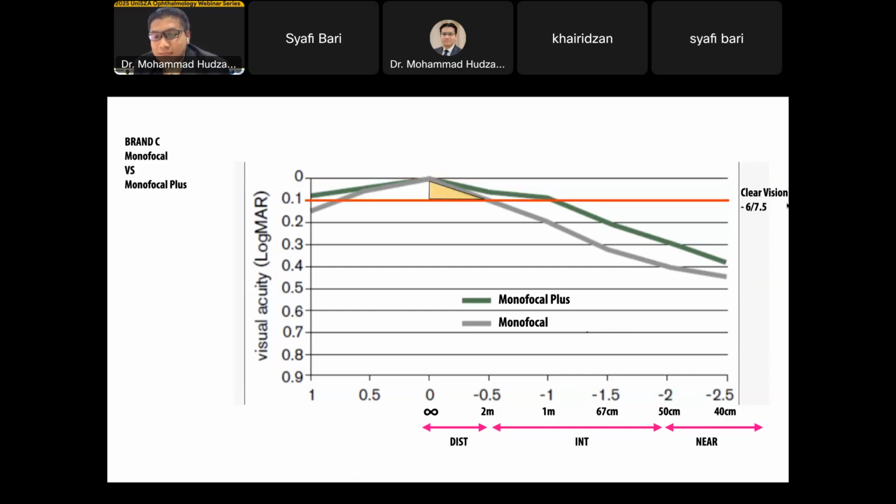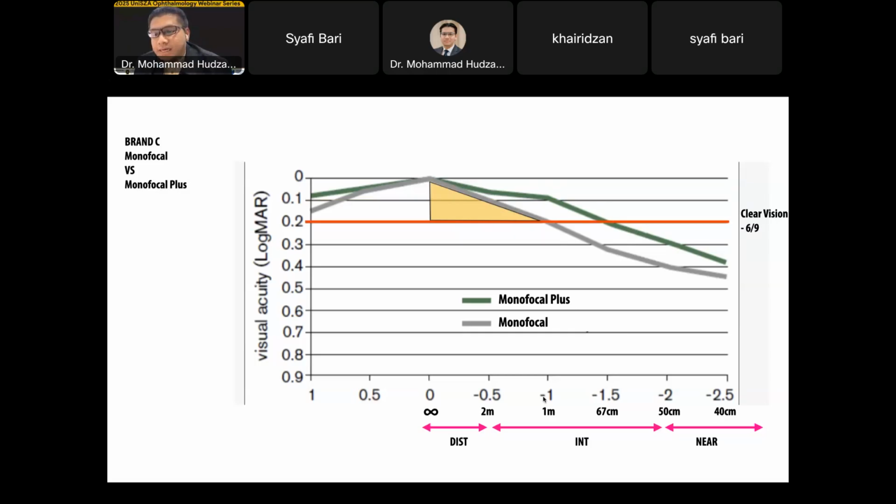But if we decide the clear vision is at 7.5, they can say that monofocal provides a good vision from infinity until 2 meters, and the monofocal plus can provide until 1 meter. Okay, just a bit of range of clear vision just by adjusting the criteria for clear vision.